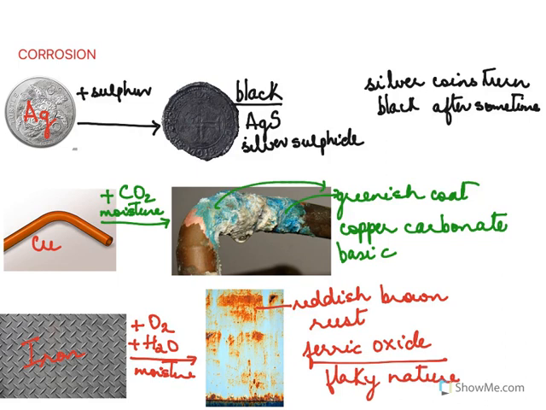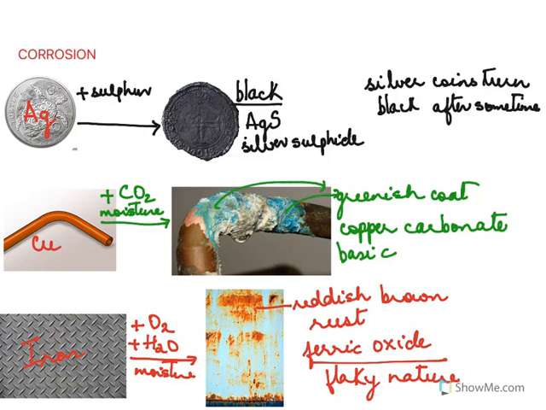All these three processes that have taken place here are called corrosion. Silver has corroded to form silver sulfide, which is black in color. Copper has corroded to form copper carbonate, which is green in color. And iron has corroded to form rust or ferric oxide.